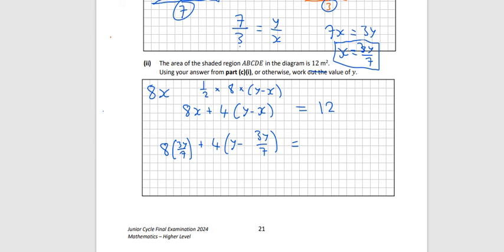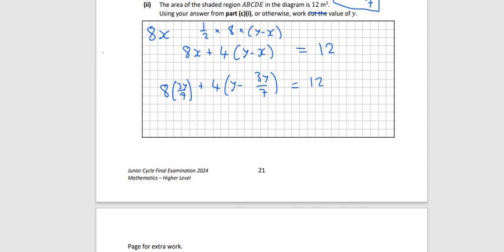Now I have something with just y's in it, so I can go and try and solve. So if I multiply the 8 by the 3, it gives me 24, so 24y over 7, plus then multiply the 4 into the brackets, we get 4y minus 12y over 7 is equal to 12.